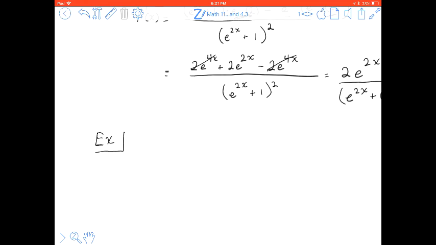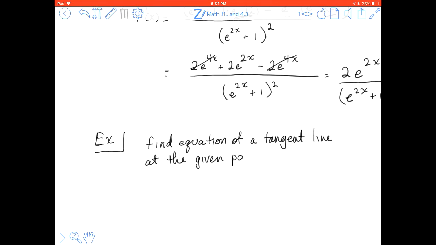So for example, if we have: find the equation of a tangent line at the given point.